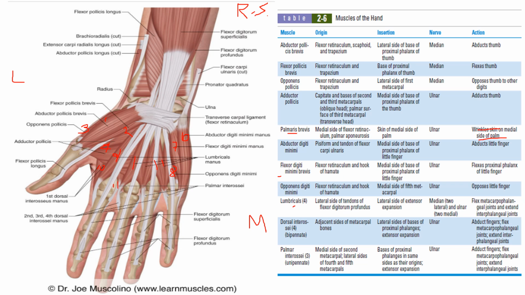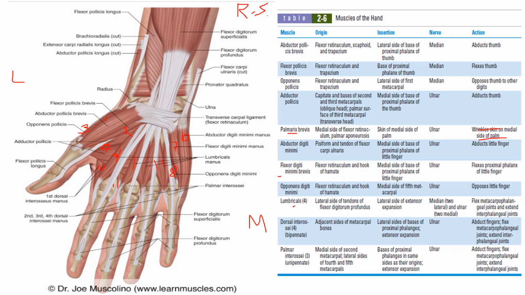They originate from the medial side of the second metacarpal, the lateral sides of the fourth and fifth metacarpals, and they insert into the base of the proximal phalanges on the same sides as their origins. All three of them are innervated by the ulnar nerve, and their function is opposite to the dorsal interossei.